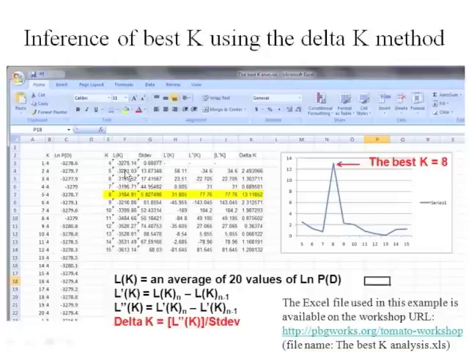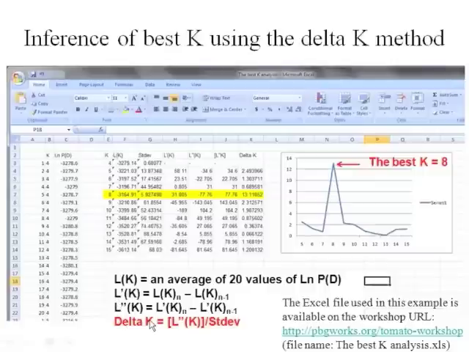First, calculate the average of the 20 likelihood values. Then calculate the prime L(K), which is the mean difference between successive likelihood values of K. Then calculate the double prime L(K) between the prime L(K).